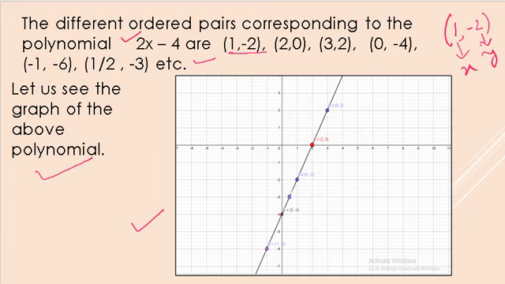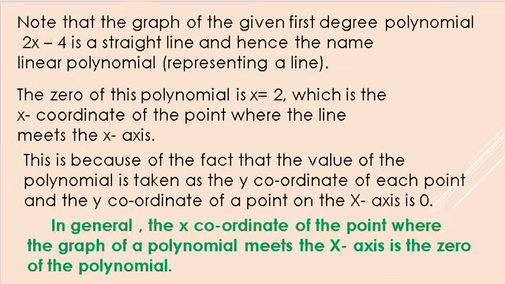You see, it is a straight line. There is no curve over here. So note that the graph of the given first degree polynomial 2x minus 4, where the x power is 1, is a straight line, and hence the name linear polynomial.